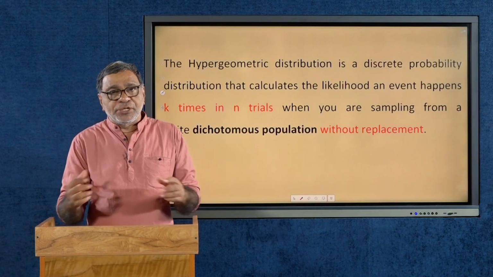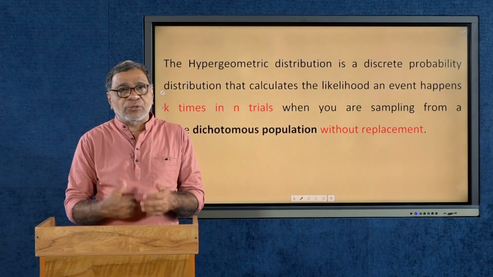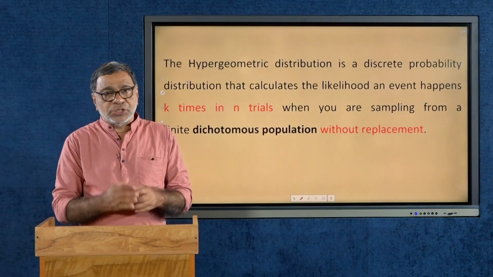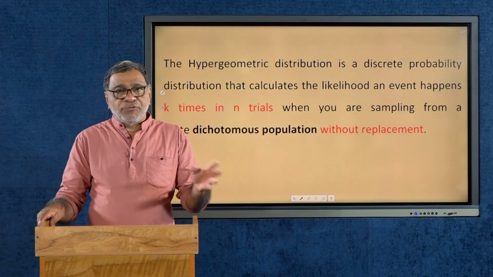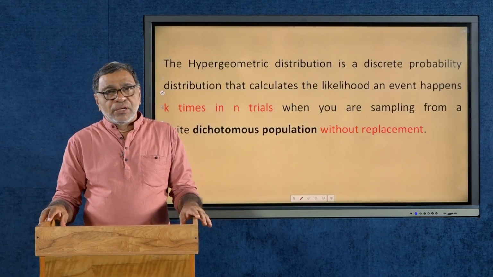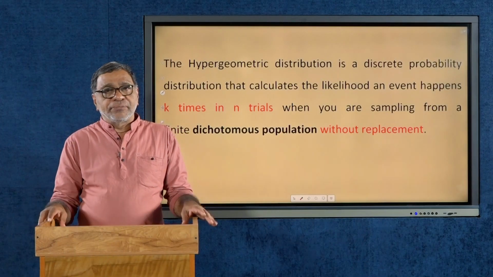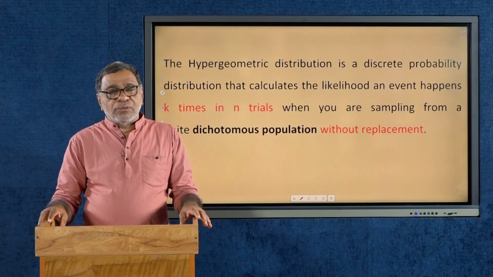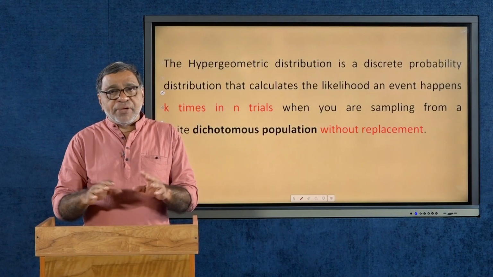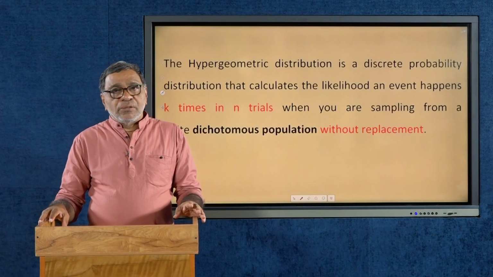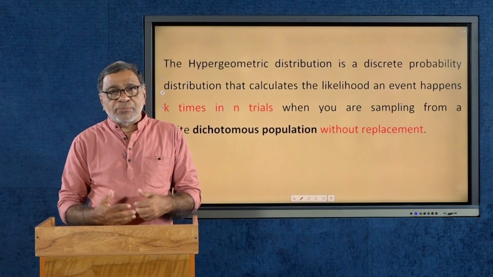This type of population is usually known as a dichotomous population, that is, two categories: defective or non-defective, literate or illiterate, male or female.